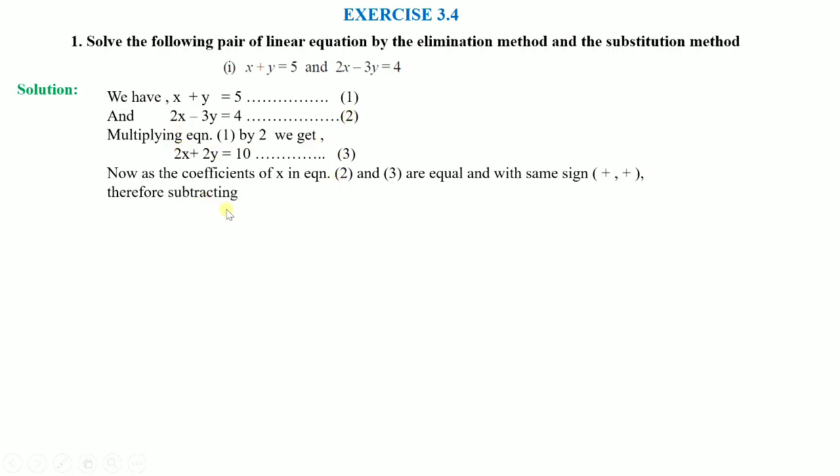Therefore, subtracting equation 2 from equation number 3, we get, now subtracting, so we will change the sign of the next equation. Previously whatever the signs were, we will change to different.